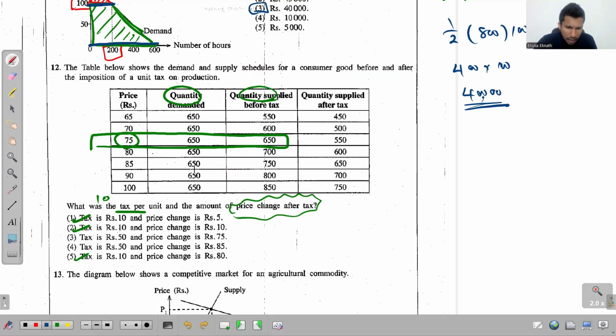This is QD and this is the new QS. So these two become equal when the price is 85. So now you can recognize that previously the equilibrium price was 75, but now the equilibrium price is 85. So the price change after tax is rupees 10. That was the first story.